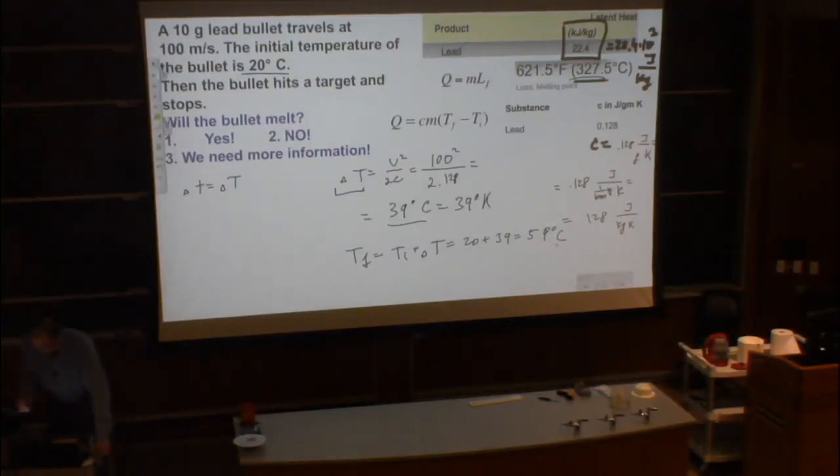If you solve for temperature change, you should write Q over Cm. In units it is joules over joule over kilogram Kelvin times kilogram.